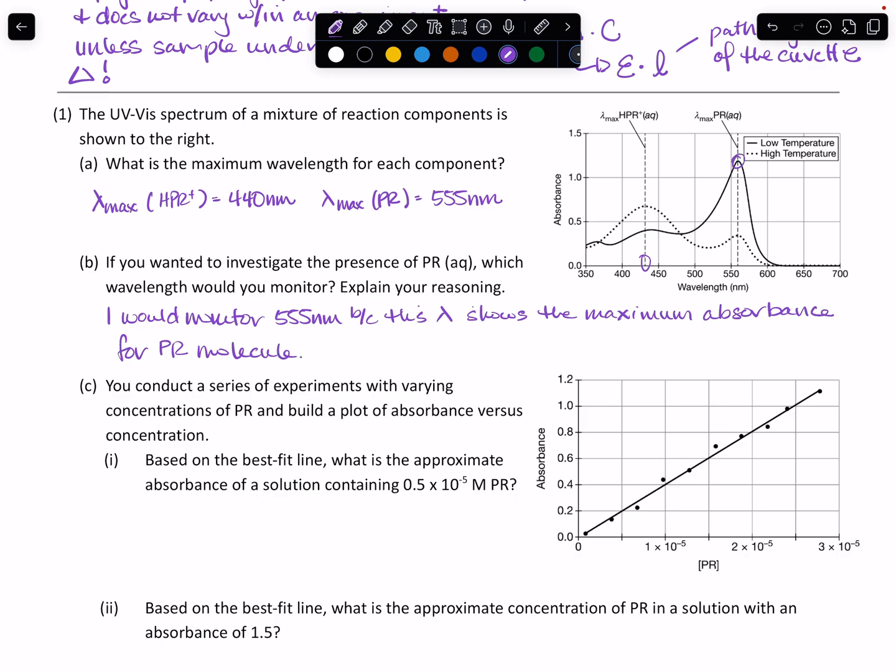It wouldn't make any sense to monitor down here for PR because it doesn't have maximum absorbance there. Any absorbance you see there is going to be due to the other molecule, the HPR plus. So you want to choose the lambda max that matches your target molecule.